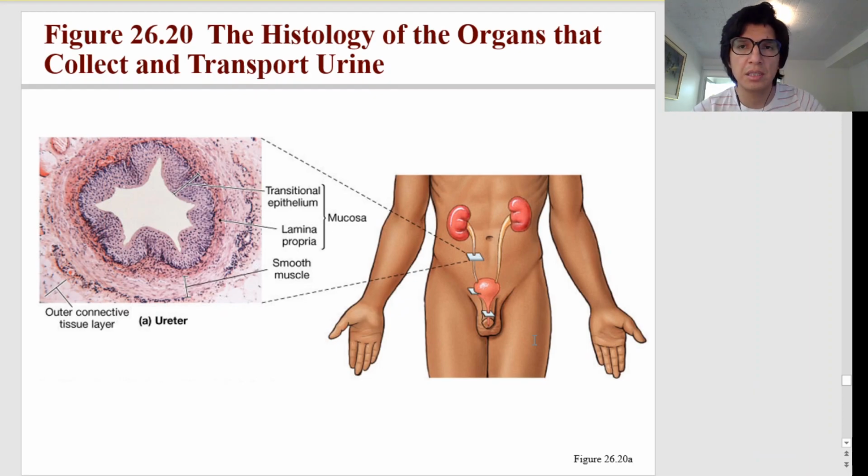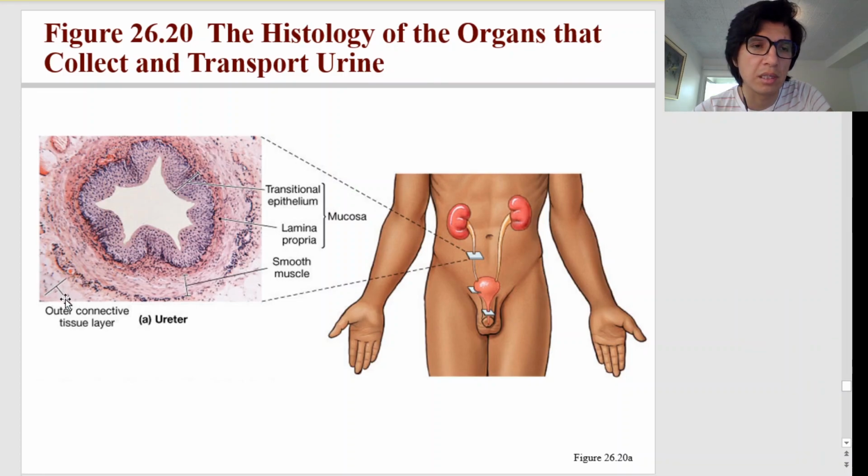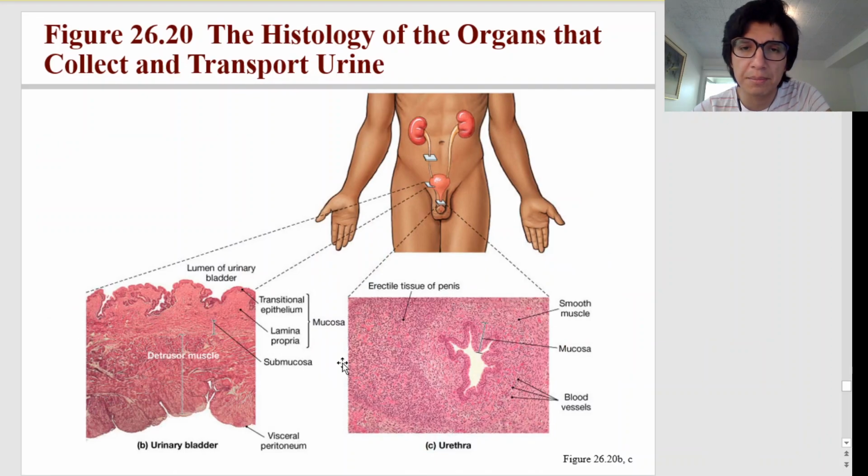This is the histology of the ureter, which is composed of transitional epithelium here. It has a mucosa that contains a lamina propria, and two smooth muscle layers present here. And you have this connective tissue layer on the outside. The urinary bladder, once again, has transitional epithelium with a lamina propria. That's part of the mucosa. You also have a submucosa, and you have these three smooth muscle layers called the detrusor muscle.